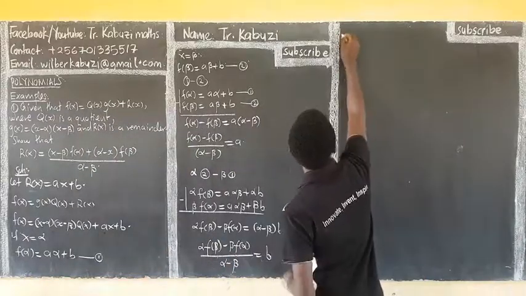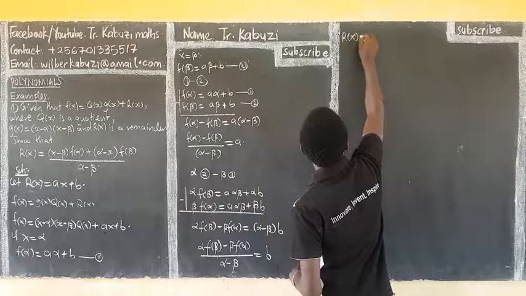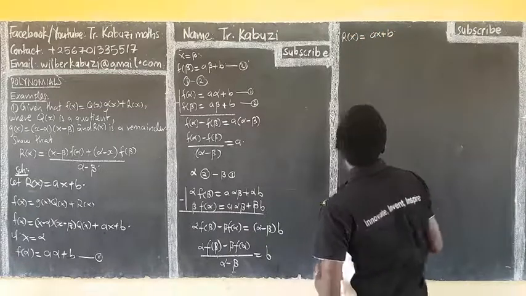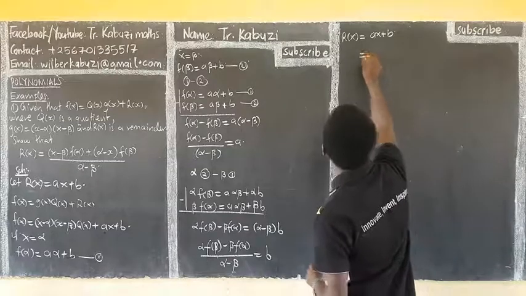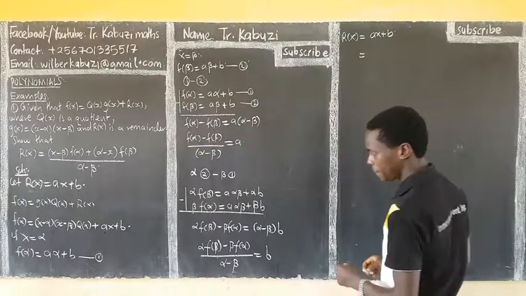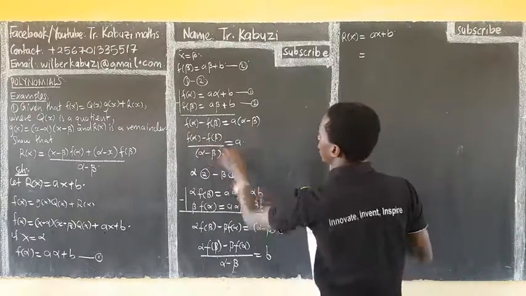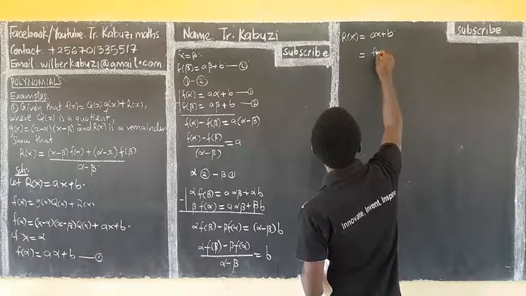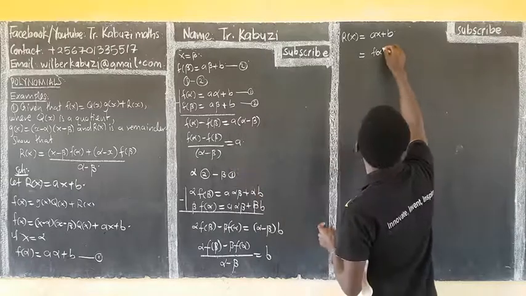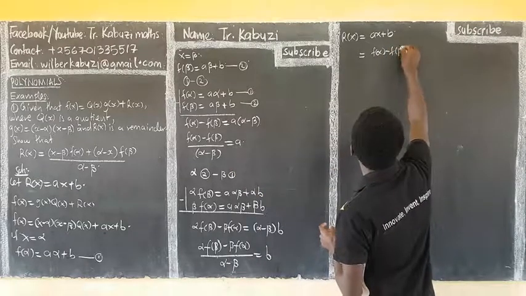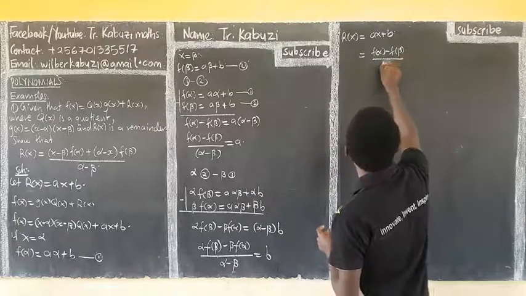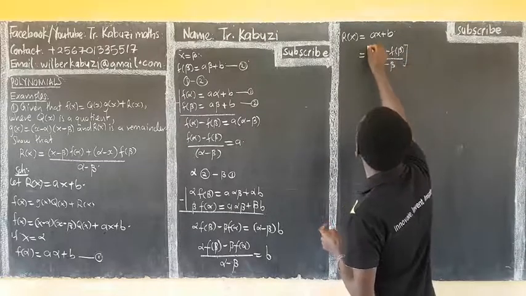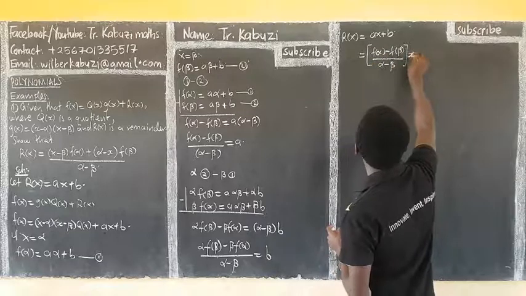But I know that my r of x, the remainder, was given by ax plus b. Now I have a, I have b. Can we substitute? My a is this, f of alpha minus f of beta, the whole over alpha minus beta. But remember, the whole of this I'm multiplying through with x.